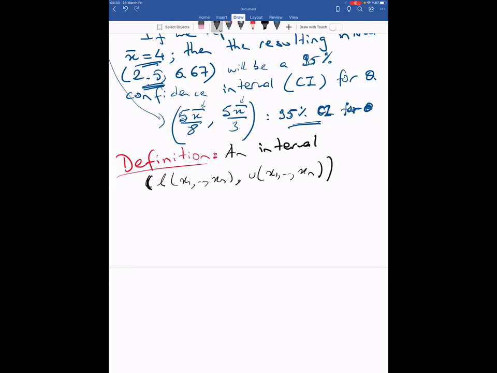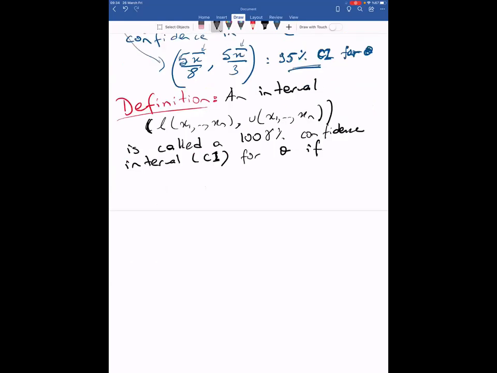This interval is called a 100(delta)% confidence interval for theta if the probability of the random interval, L(X1 to Xn) and U(X1 to Xn) containing theta, is equal to delta, where delta is between 0 and 1.